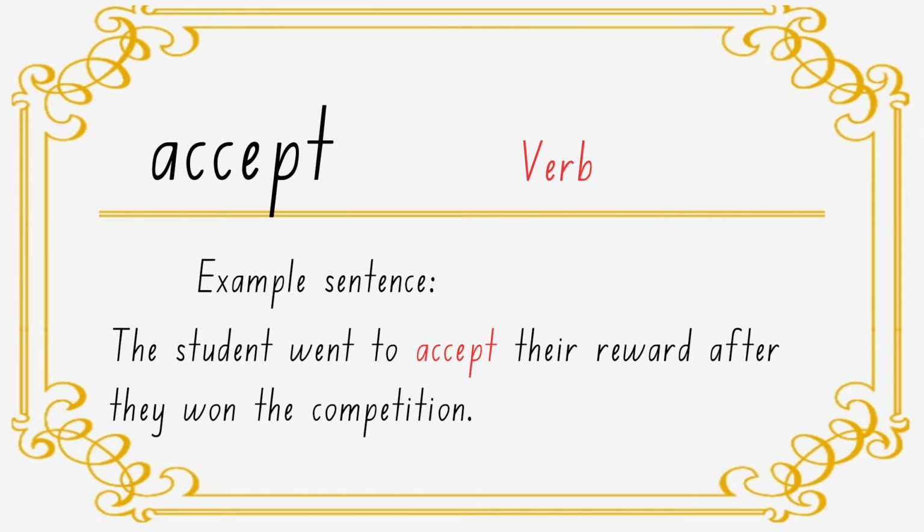For example, you're arguing with your friend and have differing opinions. When you finish your little fight and accept their idea, you say, oh, okay, I understand where you're coming from. I'll accept it. In the spelling of accept, the thing to watch out here is the double C. The first C makes the hard C sound, k, and the second C makes the soft C sound, s.